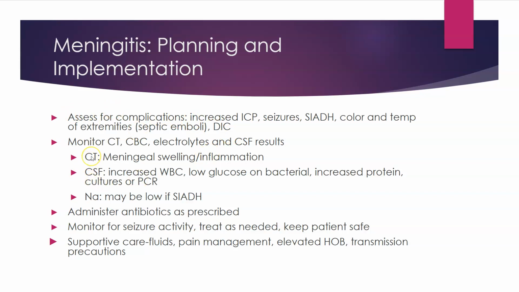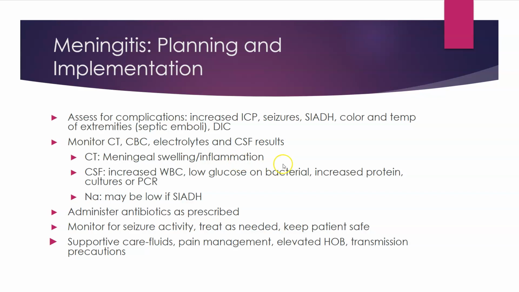So we're going to monitor using CTs and labs like a CBC, electrolytes, and CSF. CT might show some meningeal swelling and inflammation, generalized throughout the whole skull. CSF might show an increase in WBC. A big tip between bacterial and viral is that bacterial might have low glucose because the bacteria is eating it.